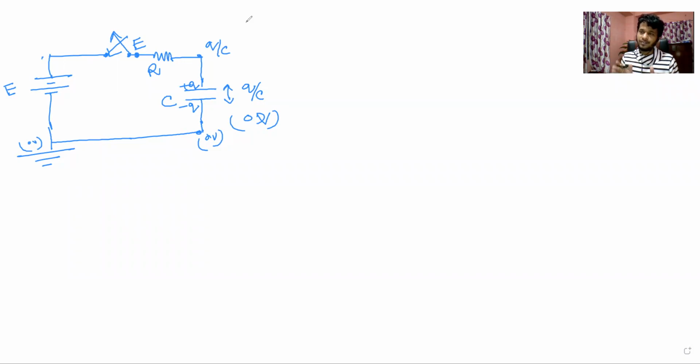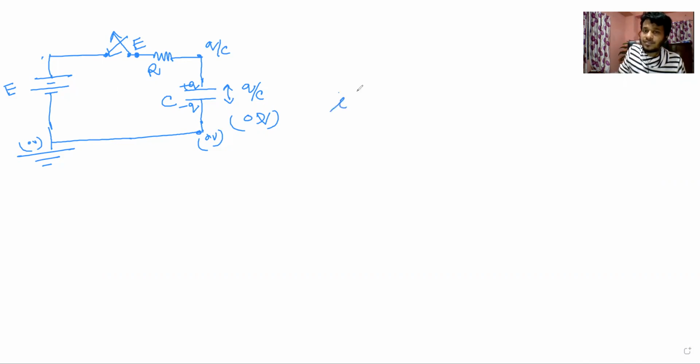And if the capacitor had some initial charge, then we also know the formula for charge and voltage at time t. Now let us calculate the current through this RC circuit, or through this capacitor, or through this resistor. All are the same, because this is nothing but a series circuit. So the current through this circuit is the same as the current through this resistor, isn't it?